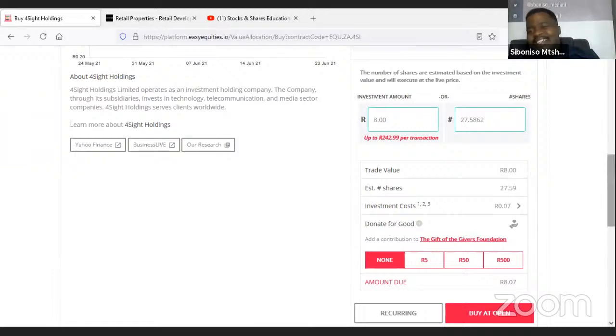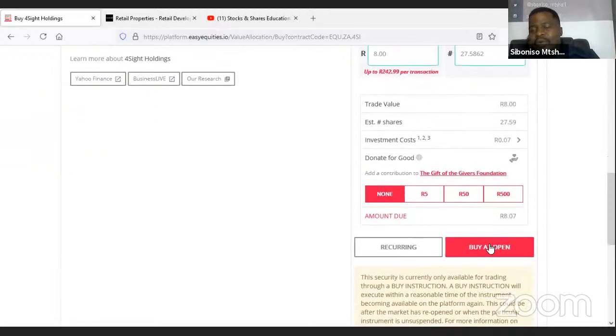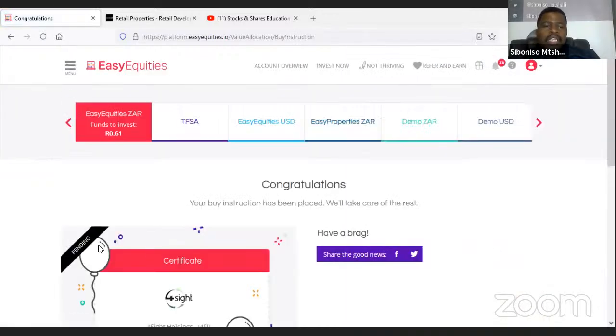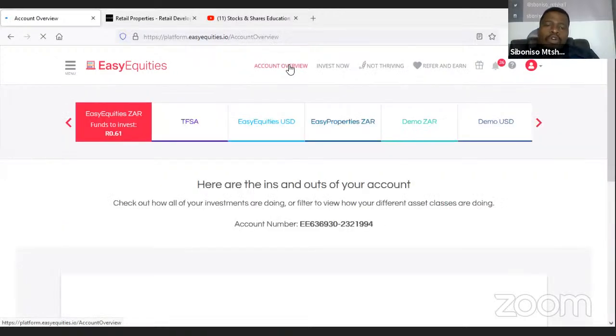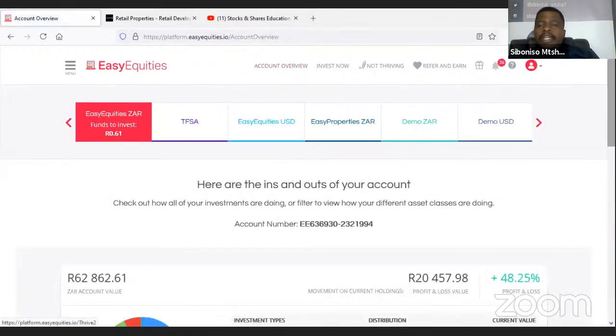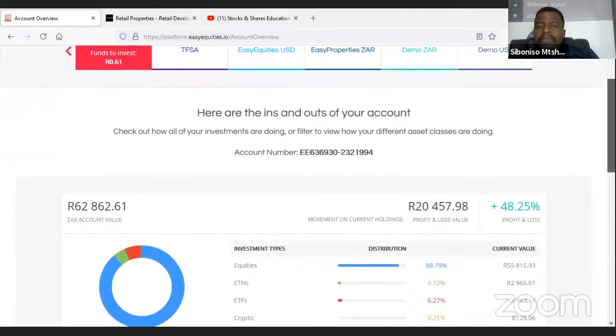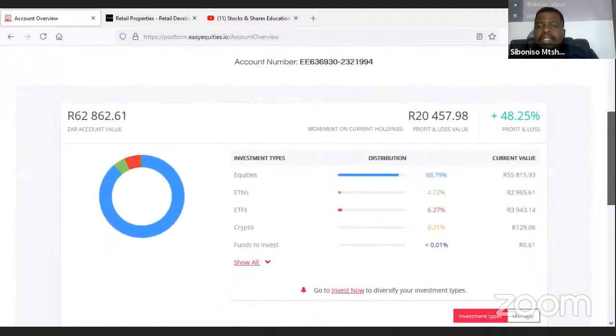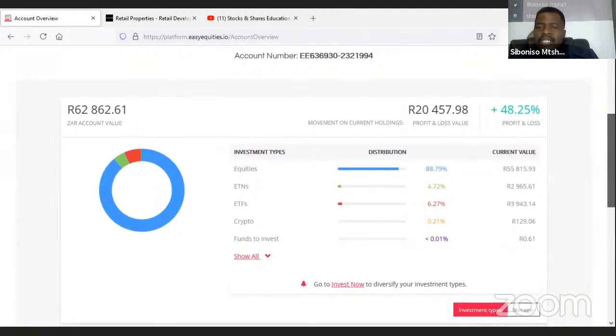Yeah, it is giving me 27 shares, and then I will confirm buy at open. All right, so it's just a pending buy, as you can see. And then tomorrow when the market opens, I can see it under my portfolio. So those are the few things that you need to understand in these matters going forward.